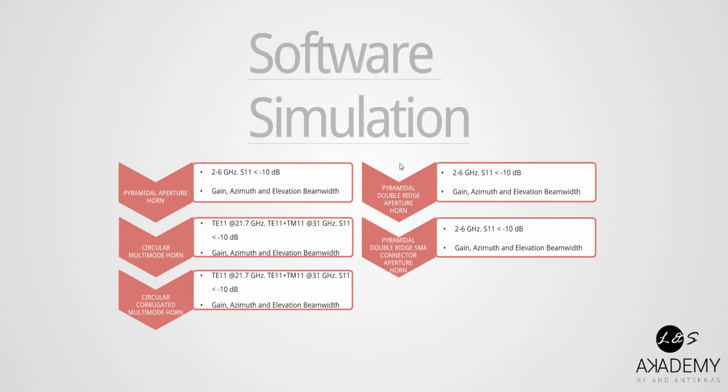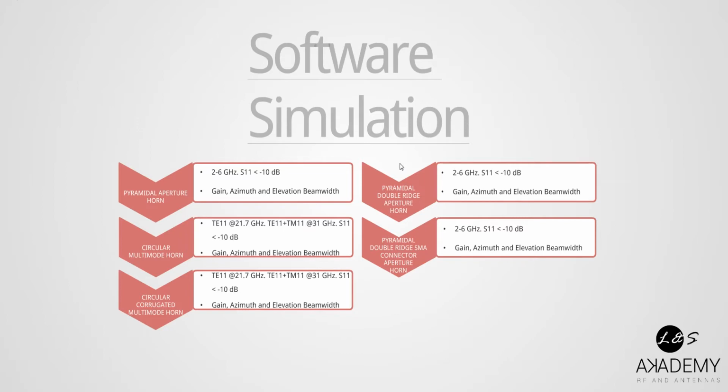Therefore, the frequency band would be from 2 up to 6 gigahertz, and we have an S11 requirement below minus 10 dB. As we said in the previous video, this is a good criterion to be sure that our antenna has good matching in this frequency band.